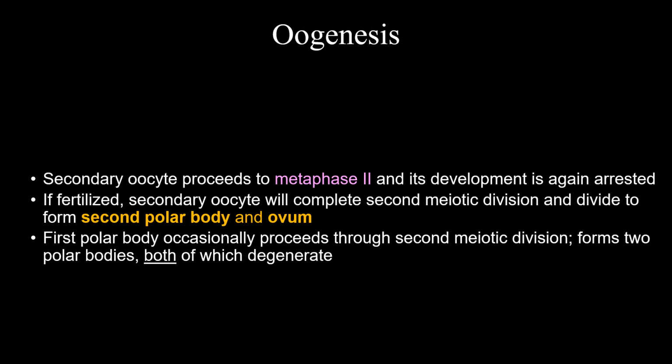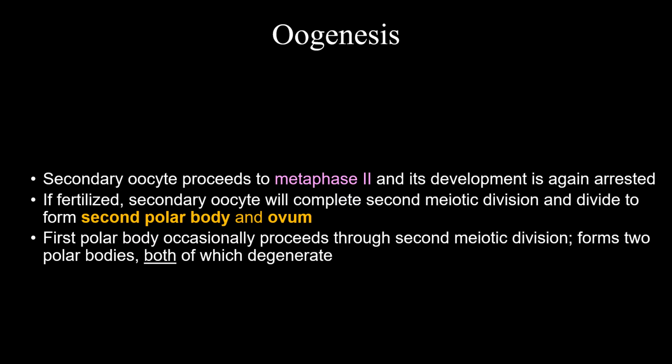Now, once we progress through the ovarian cycle, this secondary oocyte will begin meiosis 2. But again, this development is going to be arrested, this time in metaphase 2. If the secondary oocyte is fertilized, it will complete meiosis 2, and it will divide to form an ovum and a second polar body.